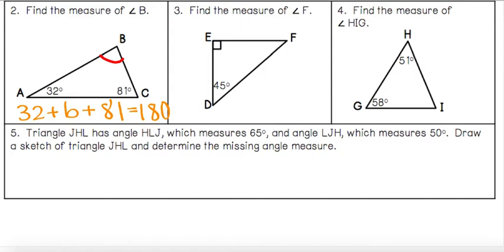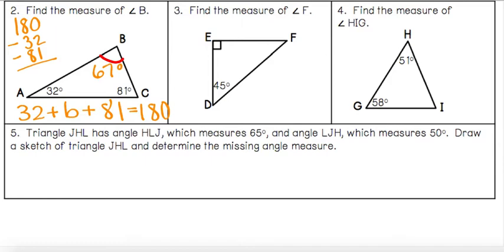And using what we've learned on the equations, we could add 32 plus 81 together, and then we subtract them on both sides. So essentially, you take 180 degrees, and you subtract 32, and you subtract 81, and you'll get your answer. So when you do that, you get an answer of angle B is 67 degrees.